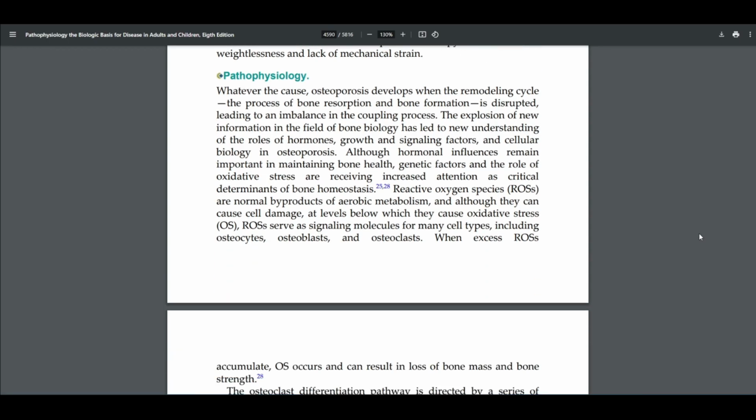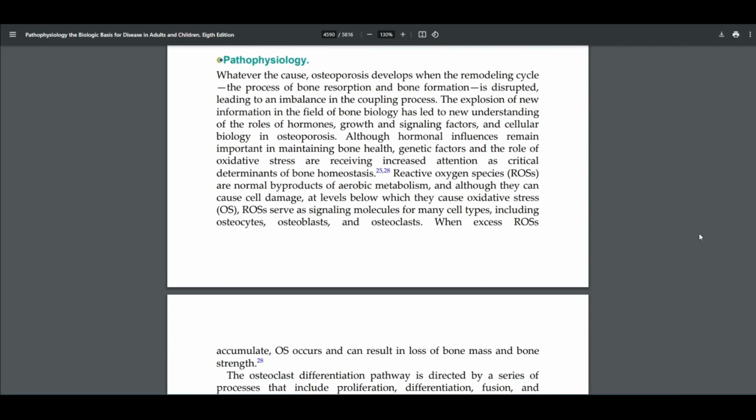The pathophysiology. Whatever the cause, osteoporosis develops when the remodeling cycle, the process of bone resorption and bone formation, is disrupted, leading to an imbalance in the coupling process.